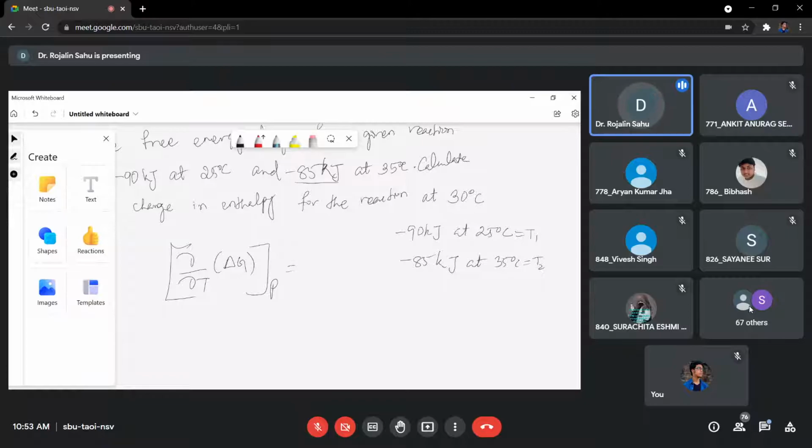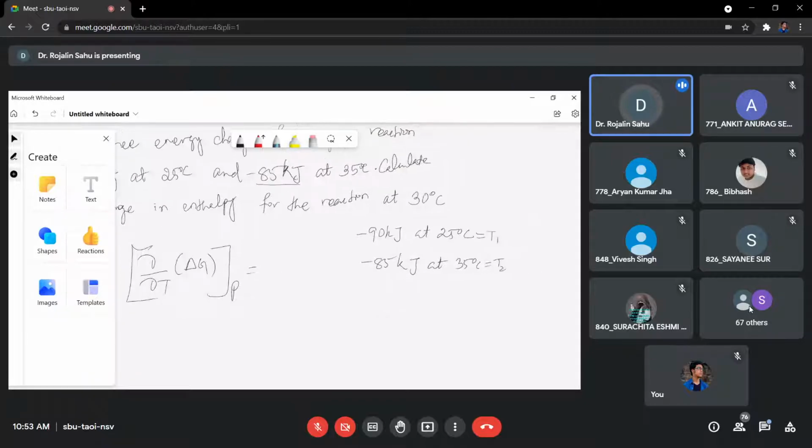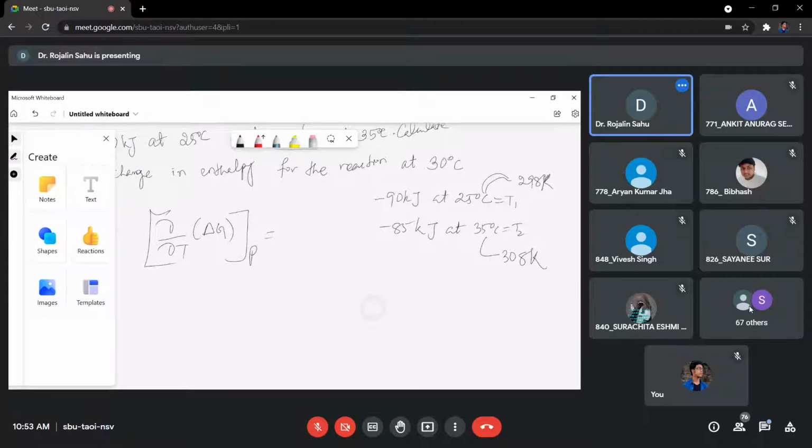Okay. So in two different temperatures, it is given. So 25 degrees Celsius you can change to Kelvin. So what will be the answer? It is 298 Kelvin, and it is 308 Kelvin. Okay.